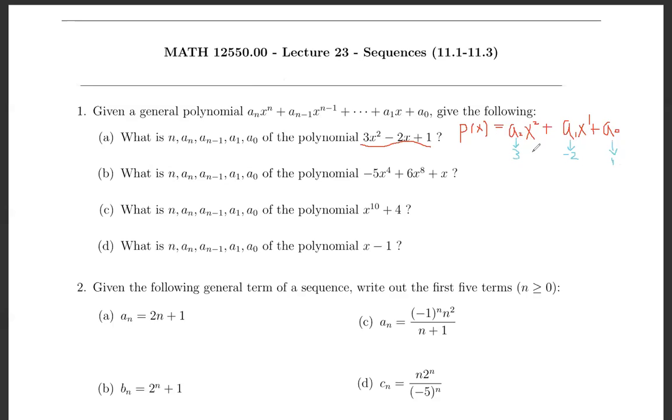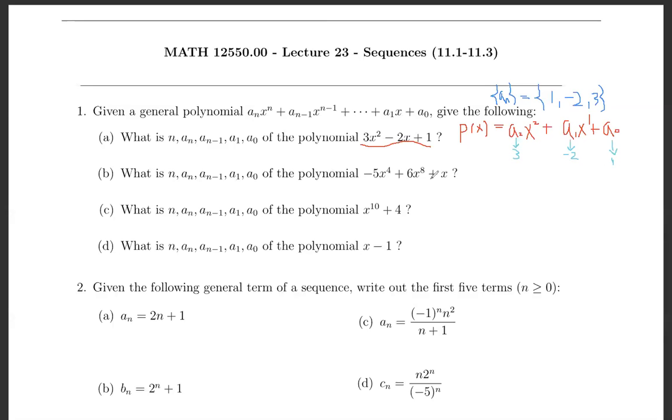And this forms a sequence, right? If we write it down as A_n, then you start with 1, followed by minus 2, then 3.